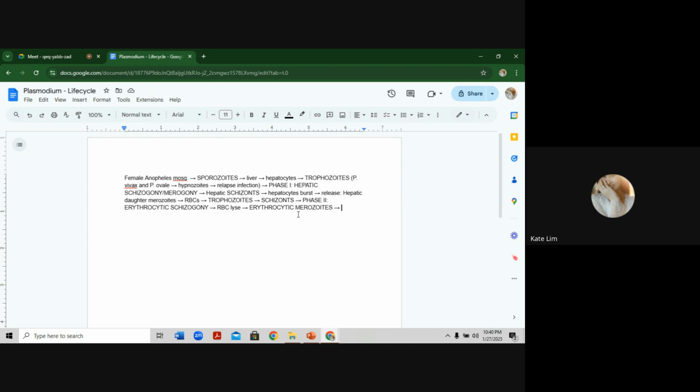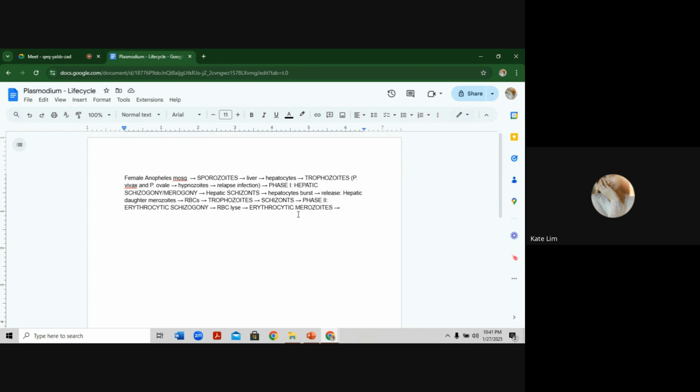So every time an RBC would burst, the patient experiences fever paroxysms, if you remember that. Your paroxysm is a cyclical pattern of chills, high fever, and sweating. So we have the cold stage, that is phase 1. We have phase 2, which is the hot stage, and we have the sweating stage, which is the last stage.